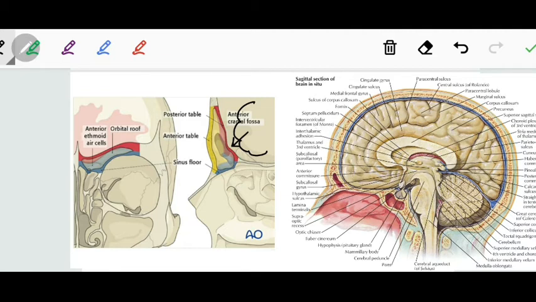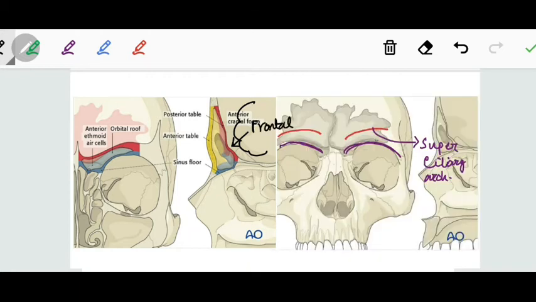That is understandable, because the posterior wall of the frontal sinus is actually a part of the anterior cranial fossa, which lodges the frontal lobe of the brain.